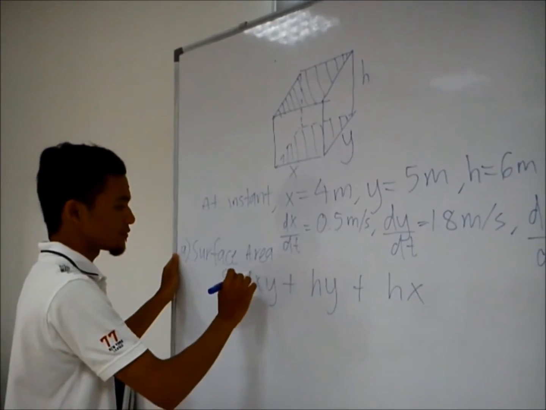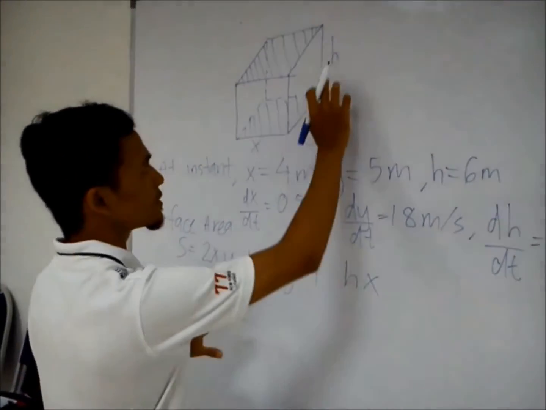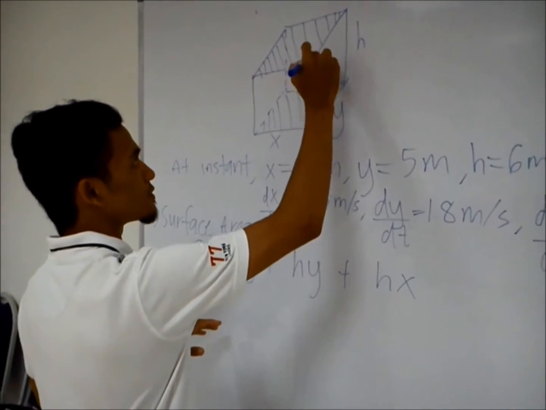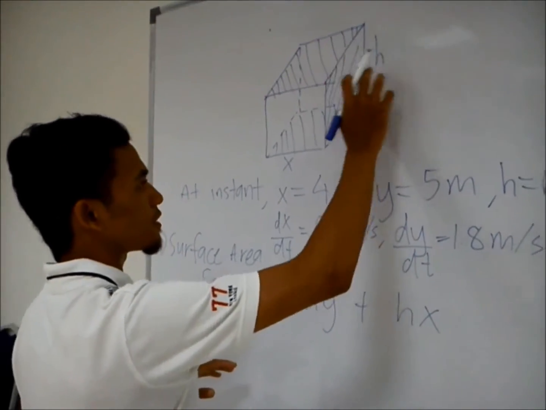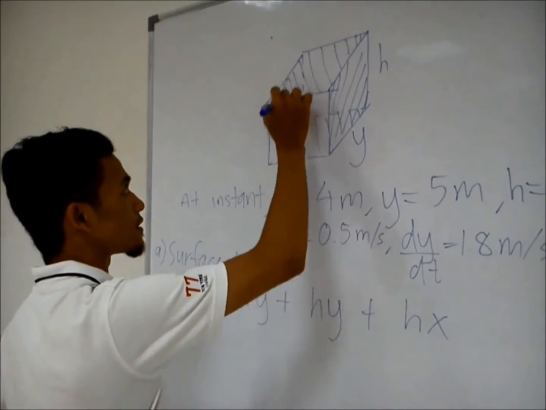So we got 2 here. For h and y is here, h and y, and then there is another surface. Okay, let me show you. So this is the surface of h multiplied with y, and there is another one surface.